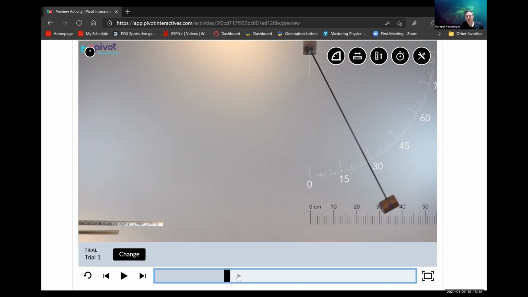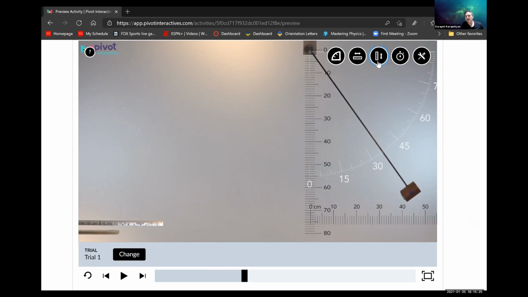Once the pendulum goes up, and I think that's probably the highest, you take the next ruler and measure how high it goes relative to the first ruler, and find the height Y2.